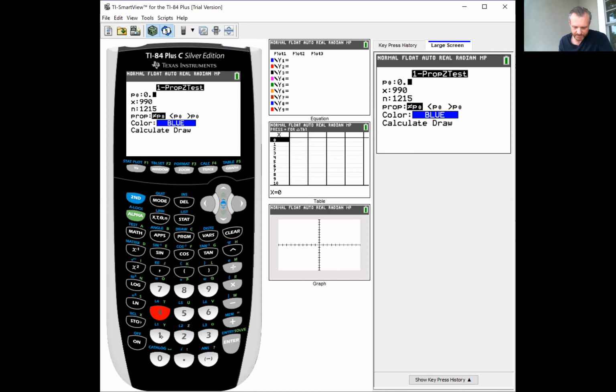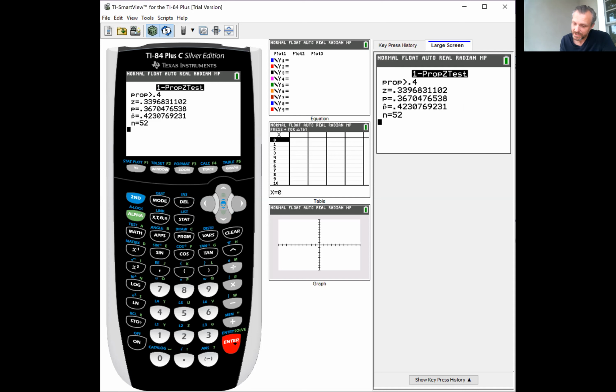So we are saying that's 0.40. X, the number of successes from our sample, was 22. N was 52. And then this line down here where it says prop, this is the alternative hypothesis. And we are saying more than 0.4, okay? And then we hit calculate.